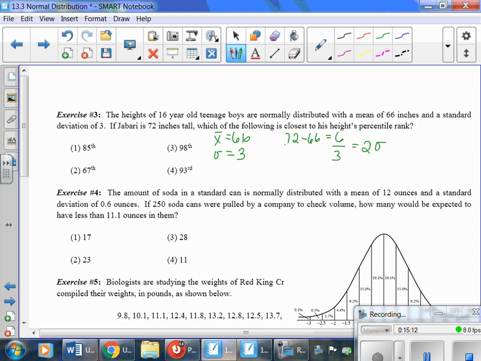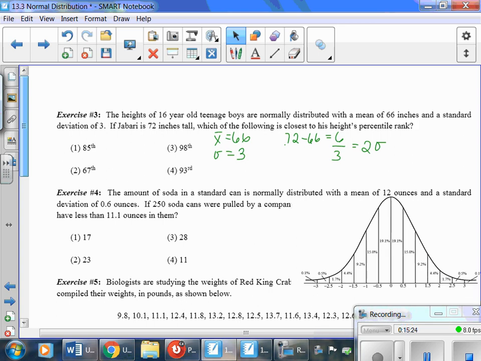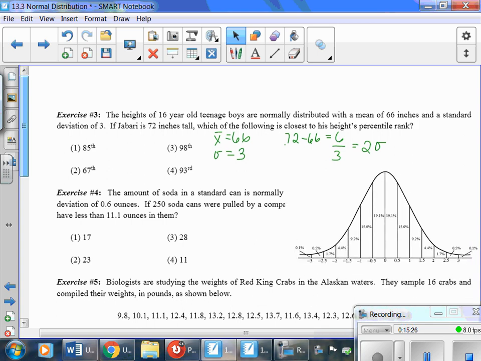Okay, so if you think about those 2 full standard deviations above the mean, go back to our example that I have down here at the bottom. I'm going to try and raise it up so you can see it. All right, and maybe I can raise it up here so you can see it a little better. All right, so 2 standard deviations above the mean. And again, this is something you're going to have to draw out or have in your mind. So here's my mean, and if we're going 2 standard deviations above the mean, we're going to be here.